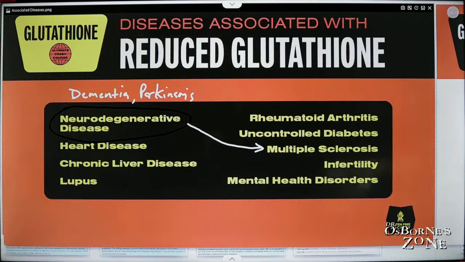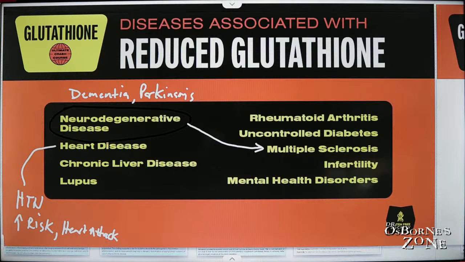Heart disease, this includes hypertension and increased risk for heart attacks or myocardial infarction. We also know that chronic liver disease is associated with loss or lack of glutathione. We know that autoimmune diseases like lupus and rheumatoid arthritis are linked to glutathione deficits.